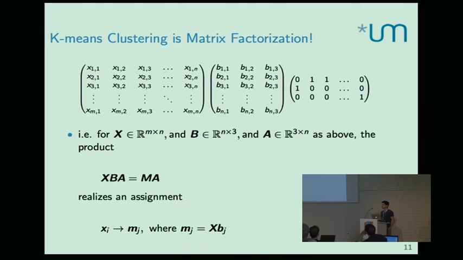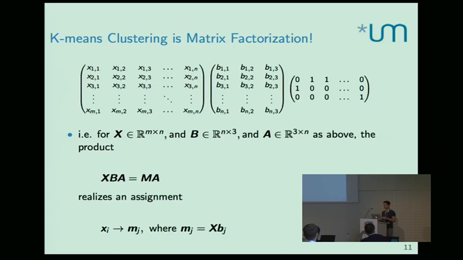We say we now want to represent our data samples by cluster centroids, and they should be assigned to exactly one cluster centroid. The cluster centroids are computed as a product of the matrix X and the matrix B. The matrix X contains our original data samples, and the matrix B realizes a mapping of this original data set onto our set of k cluster centroids.